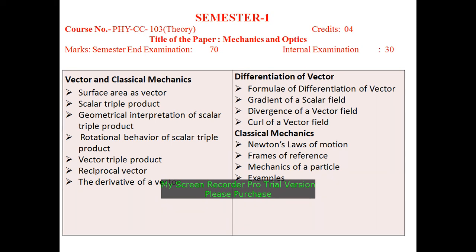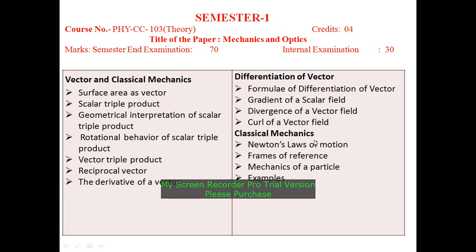All those quantities are not possible to explain without vector analysis. So in vector analysis also we have two different kinds of separation. The first one is vector, and the last one is classical mechanics.